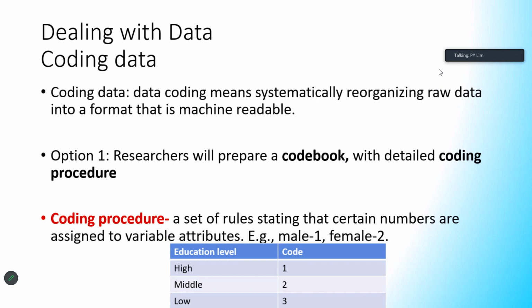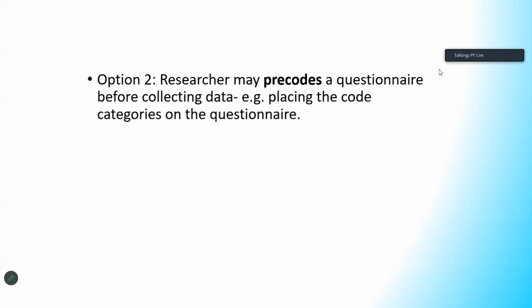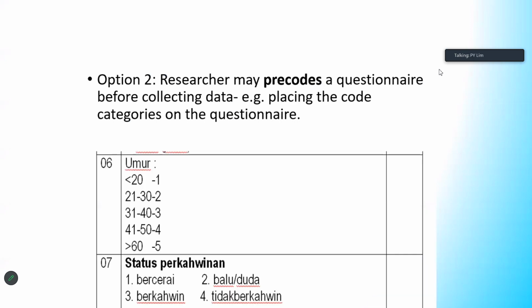You have to understand what you coded. Or you may pre-code in your questionnaire. Some research teams already ask you to code in the questionnaire, then you just follow and key into your SPSS.